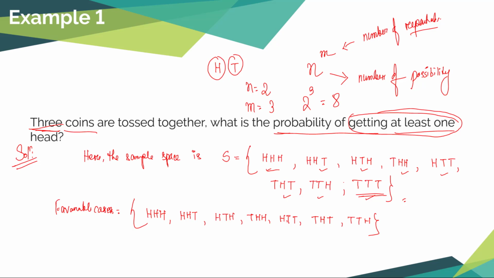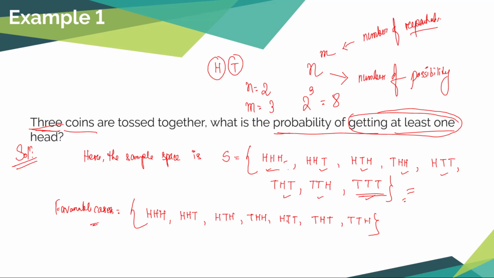So these are our favorable cases. From the sample space we have extracted what is favorable for my question. So all these 7 possibilities are favorable for getting at least 1 head. The size of the sample space is 8, right?